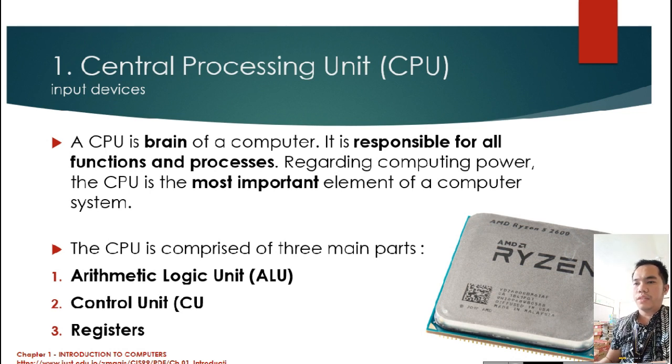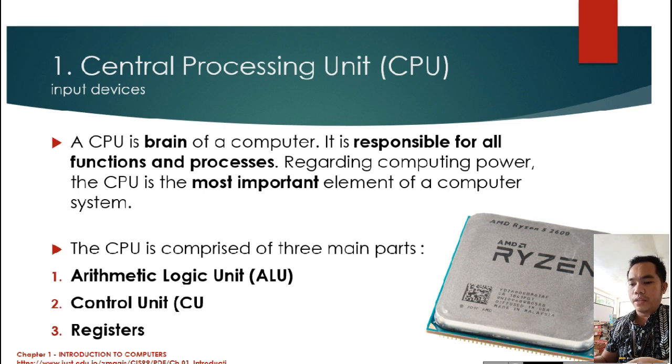The CPU is comprised of three main parts. In other books there are other parts, but in this PDF ebook there are only three main parts. By the way, this ebook is from Jordan University of Science and Technology.